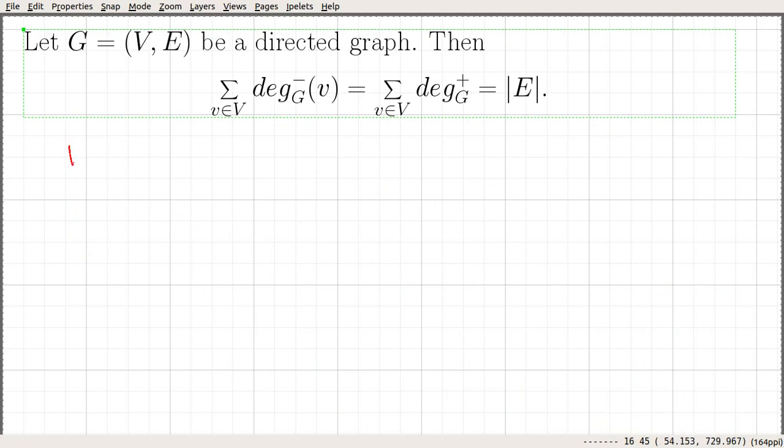Let me give the proof of this statement. The proof is a one-line proof. It's a very simple proof, similar to the handshaking lemma.